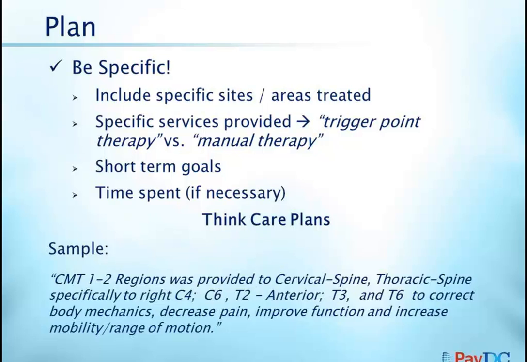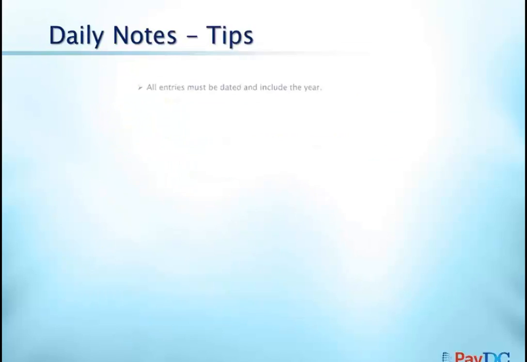You can either report the beginning and ending time, or you can report the total time spent for each service, and that's fine. So you're good to go there. Just document that, and again, cite your care plan. And you can see just a little sample here. If I've got a care plan, I'm going to be pointing at that care plan.